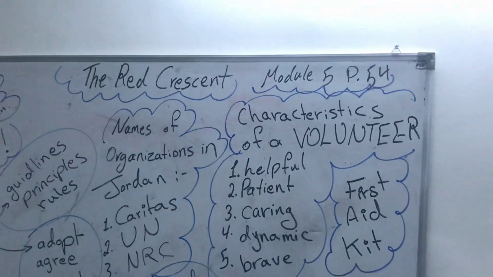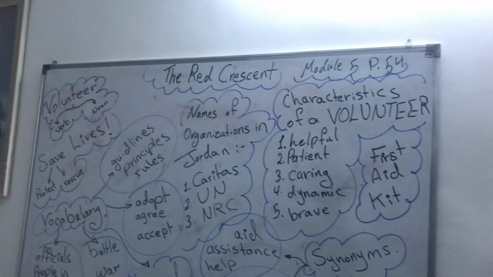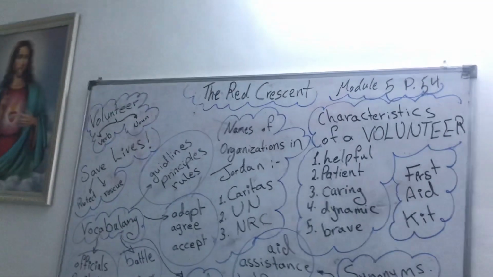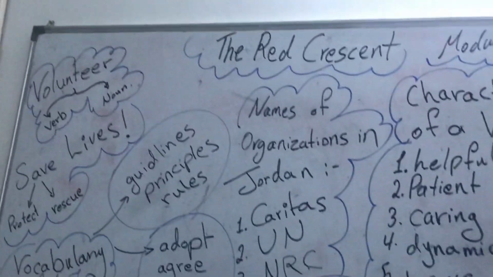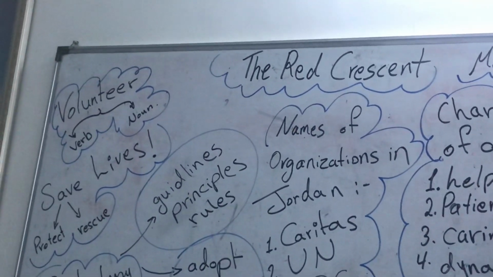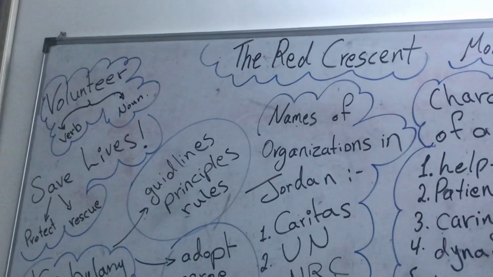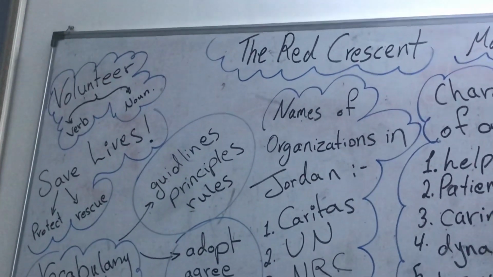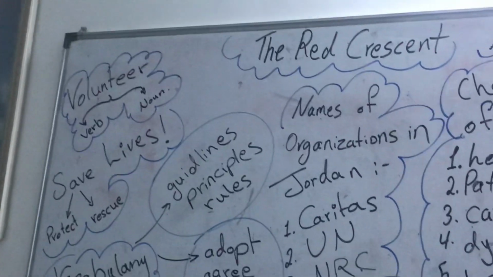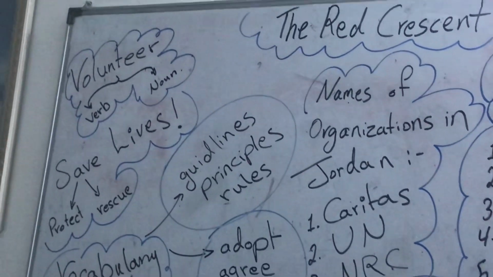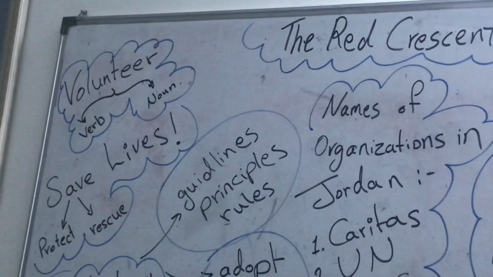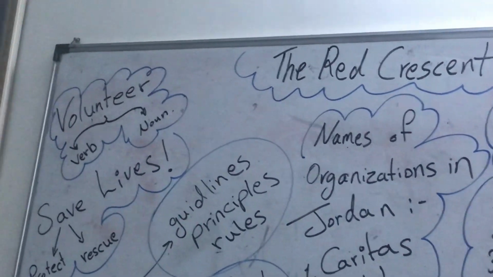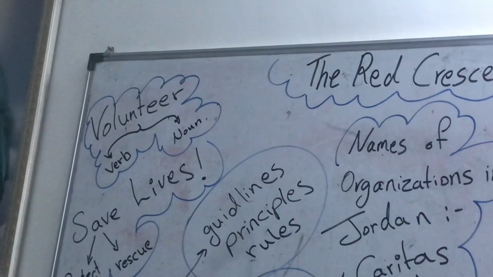Here we have a couple of information that we have to take into consideration in order to understand our lesson better. We have the word volunteer, and it has 2 parts of speech, verb and the noun, and the one we are using in our text is the noun part, and it means متطوع, a person who offers help or assistance without taking any money.